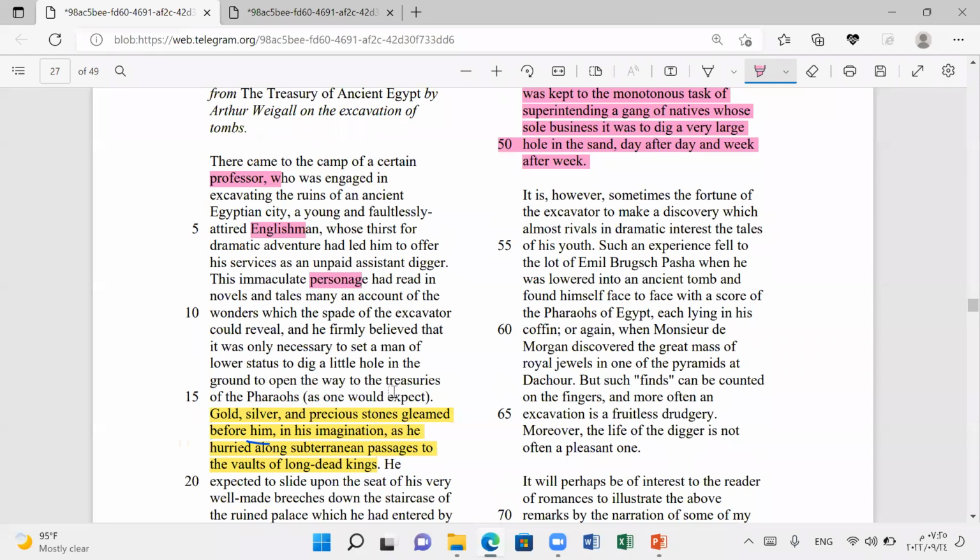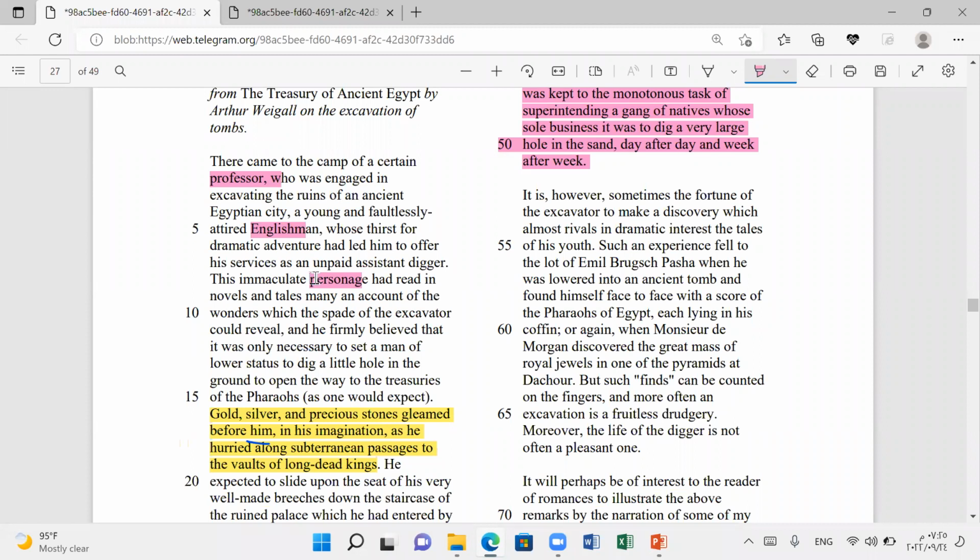As one would expect. So the guy is a professor. He was engaged in excavating the ruins of an ancient Egyptian city. He is so obsessed with the treasuries of the pharaohs.